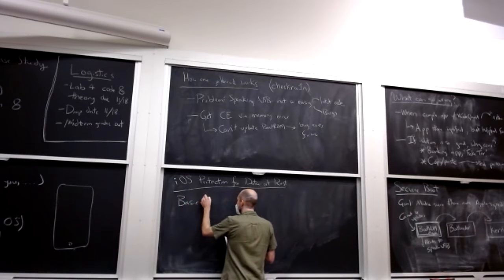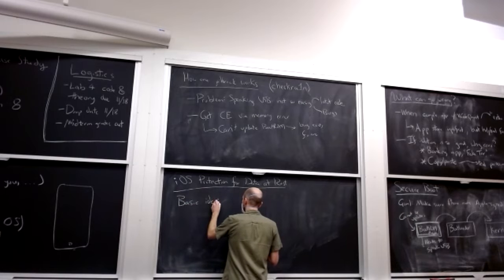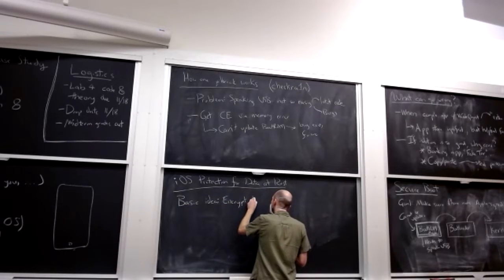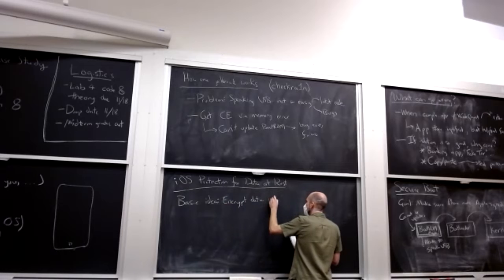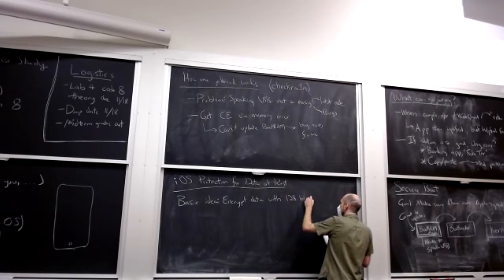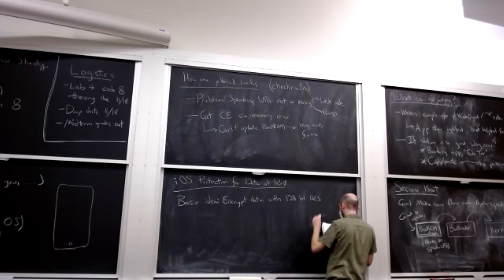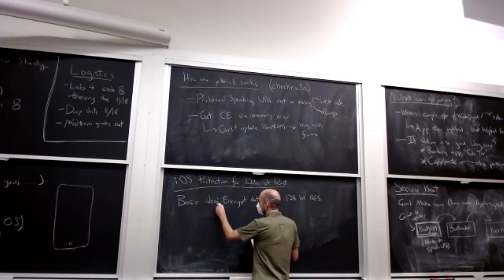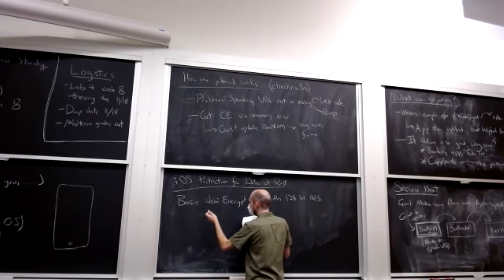The basic idea is the one we just discussed: you encrypt all the data, say with 128-bit AES. It's a little more complicated than this, and I'll describe it in a second. The major question is where do you store the key?